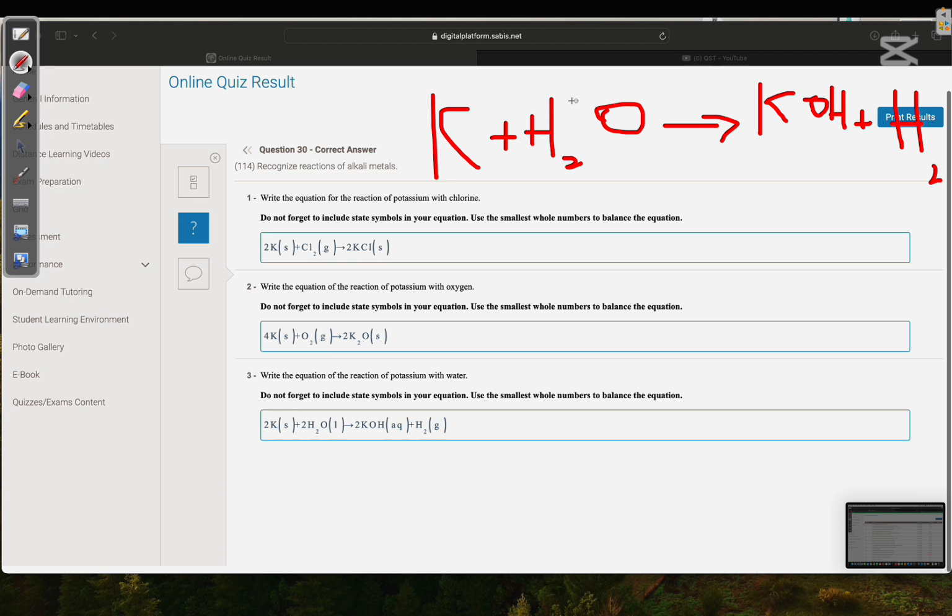So to balance it out, we're going to have to multiply this by 3. Or wait, sorry. We're going to have to multiply this by 2, so this will have 4, and then if we multiply this by 2, there will be in total 4 hydrogens. Okay, which will also balance out the oxygens. So the only thing that's left is that there is 2 potassiums, so we just multiply potassium by 2.